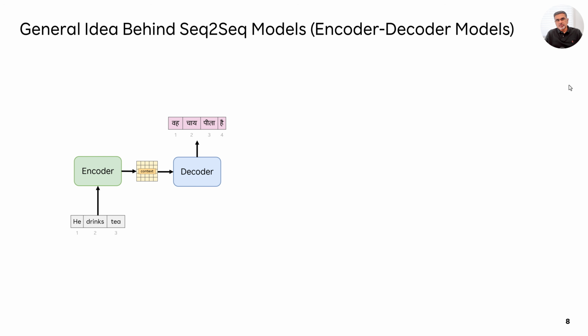And the target sentence could be another human language, or it could be some machine understandable command line, or it could be SQL statements, or whatever it is. Correct? So the general idea here is that the source is a sentence in one language, human or machine, goes through an encoder. The encoder extracts the context and then passes it to the decoder. The decoder then emits the sentence in a completely different language. The length of the target and the source could be completely different.